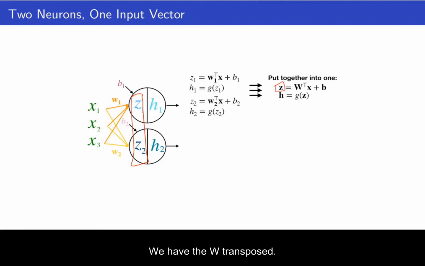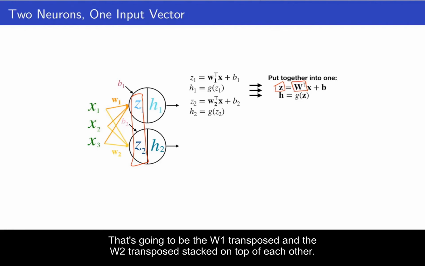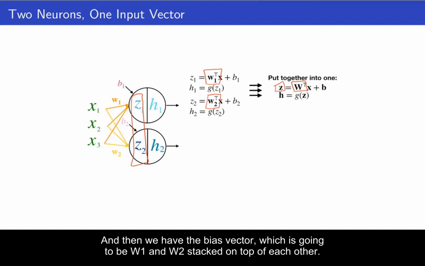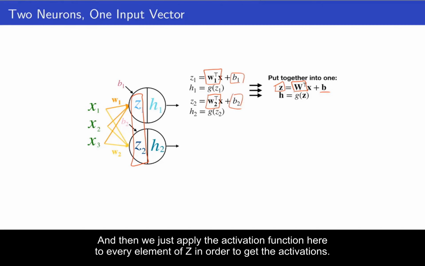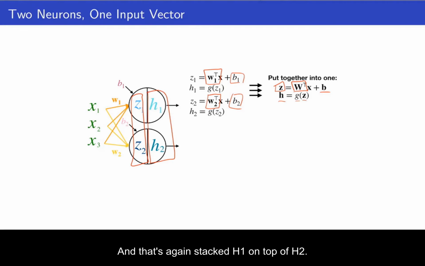We have the W transposed, which is going to be W1 transposed and W2 transposed stacked on top of each other. Then we have the bias vector, which is going to be b1 and b2 stacked on top of each other. And then we just apply the activation function to every element of z in order to get the activations, and that's again h1 stacked on top of h2.